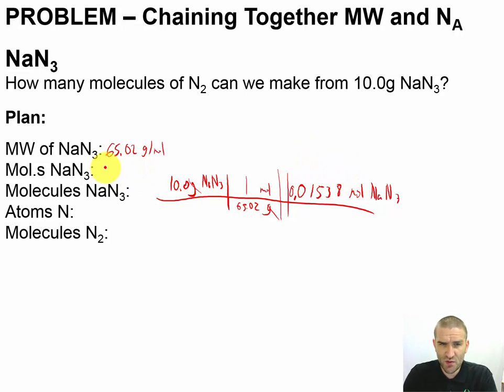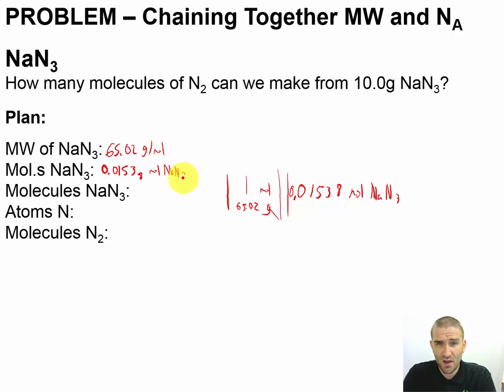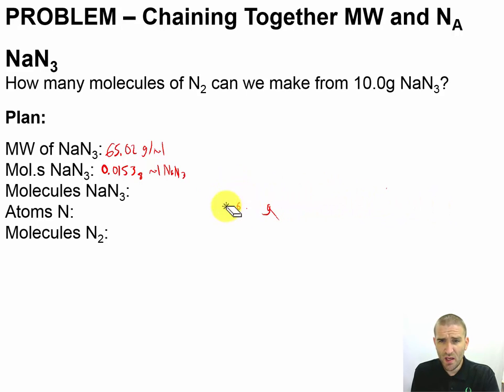So over here for my answer, I'll put 0.0153. I'll subscript the 8 so that I know that it's not significant and that it should have been rounded up to 0.0154, but that we're retaining it for subsequent steps. I'm going to get rid of this to give myself room to write this. So we're going to have moles of NaN3. Okay, so far we've got about half of the problem done, really.